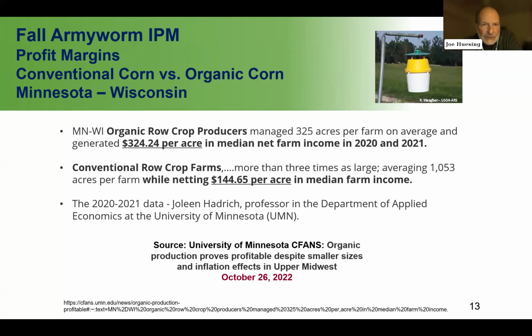So I'm going to just show you two different scenarios here. These are data from the Minnesota, Wisconsin area. So an organic row crop producer on a per acre basis normally makes something on the order of $325 income off of that acre of corn. A conventional grower gets about half that.